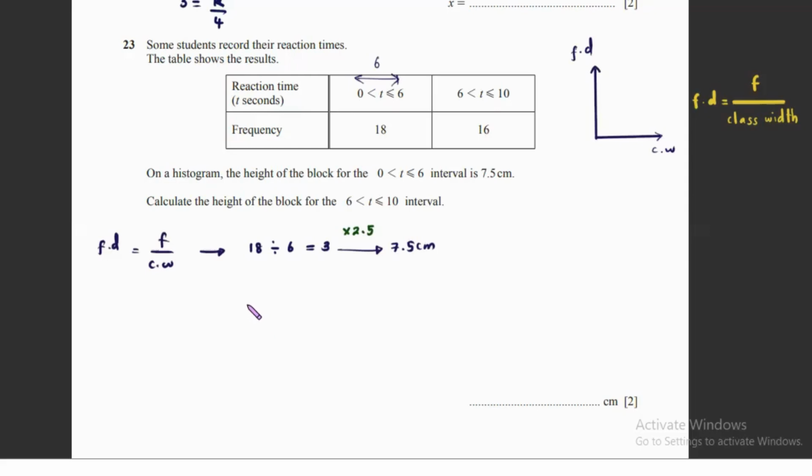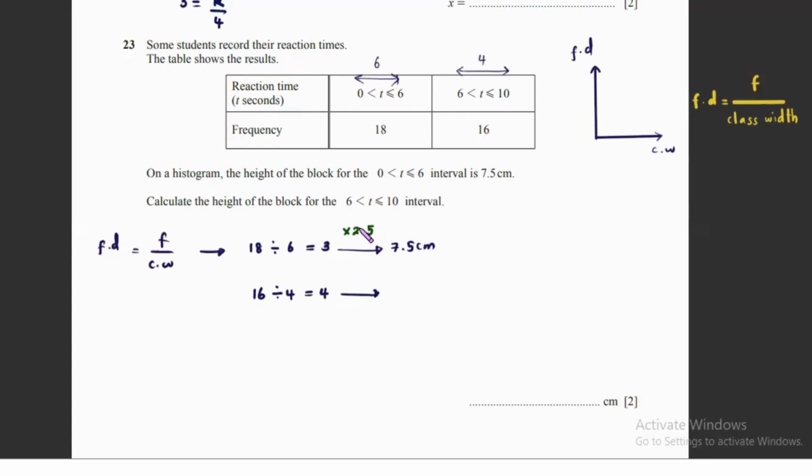In the same way, we are going to calculate the frequency density for the second class interval that is given to us. So the frequency is 16. I need to divide that 16 by the class width. It's from 6 to 10, which has a difference of 4. So when I divide 16 by 4, I get 4. Now I need to calculate the height of the bar.